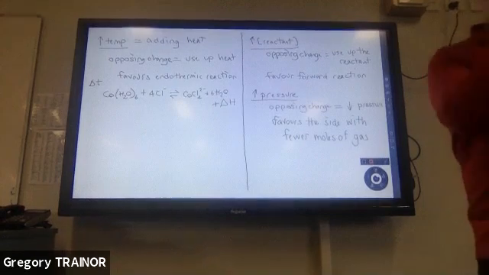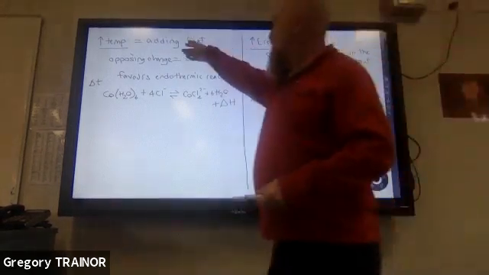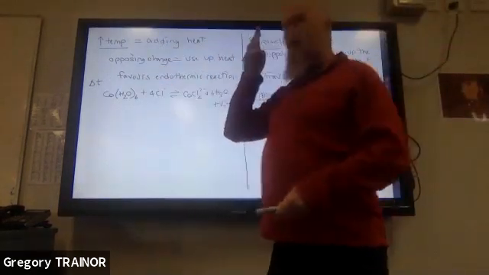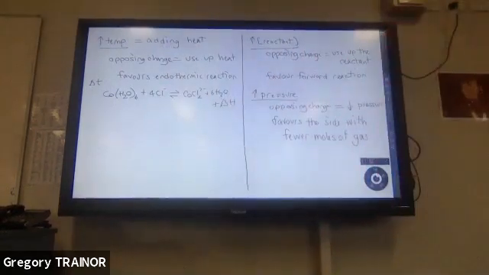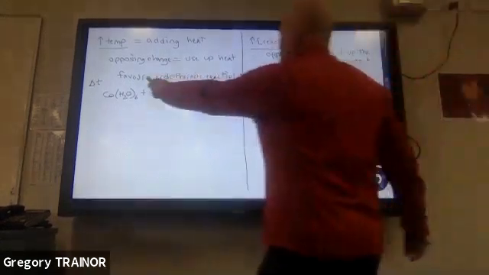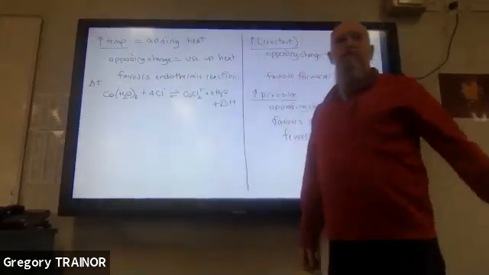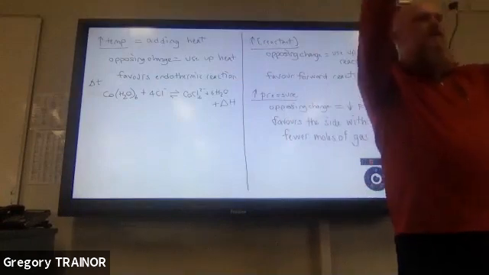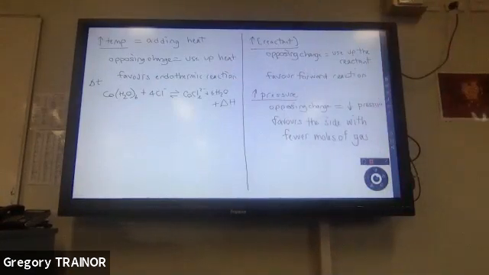Because we're heating them, we're adding heat, so it favours the endothermic reaction. So the change from pink to blue tells us that this forward reaction is an endothermic reaction. So we heat them up and the cobalt chloride crystals lose water and turn from pink to blue.